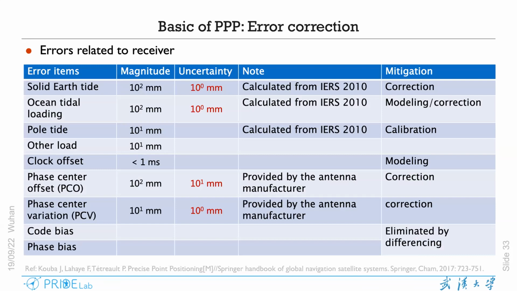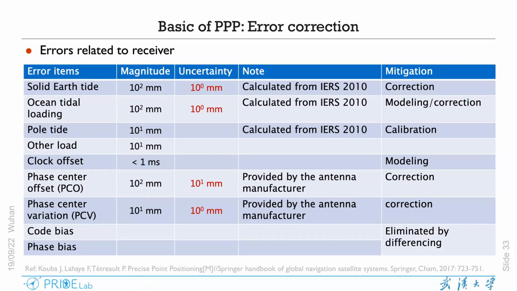All right, finally, we come to the errors related to receivers. So we have the solid earth tide, ocean tide loading, and pole tide. These are the three major tidal errors for the GNSS stations.